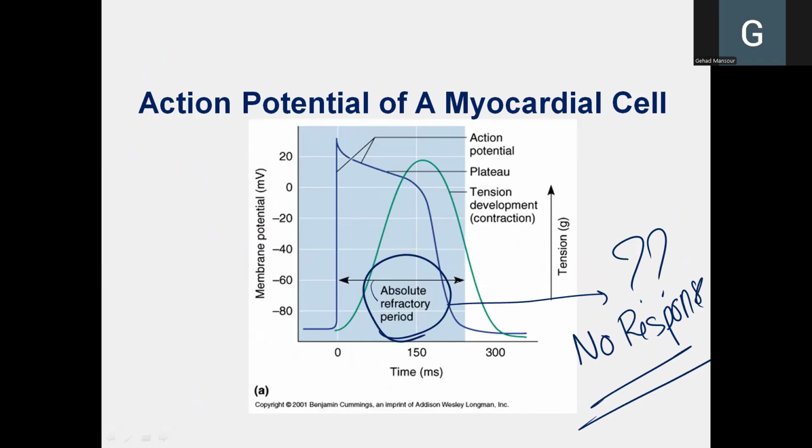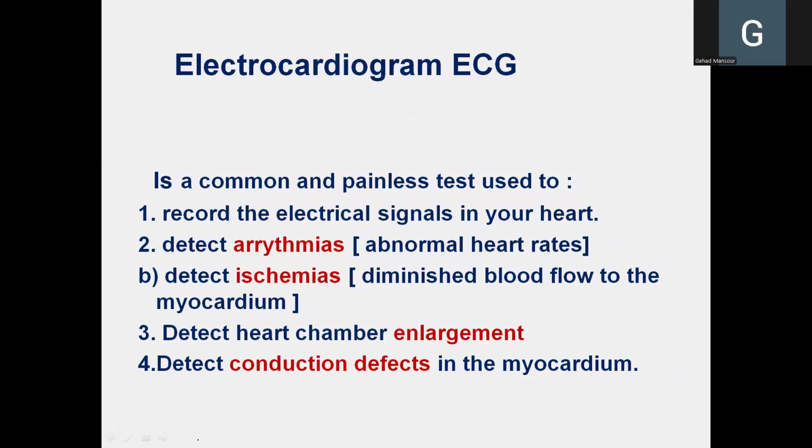The absolute refractory period includes depolarization and most of the repolarization. So when there is, during repolarization, this slowing down or this plateau, then you are lengthening the absolute refractory period. You are lengthening the period when the cardiac muscles cannot respond, and therefore you're giving more time to the ventricles to relax and to fill with blood.